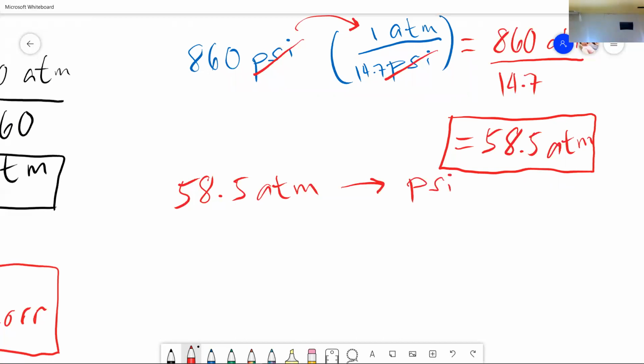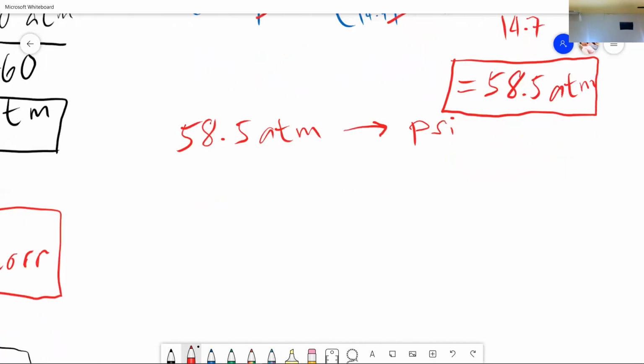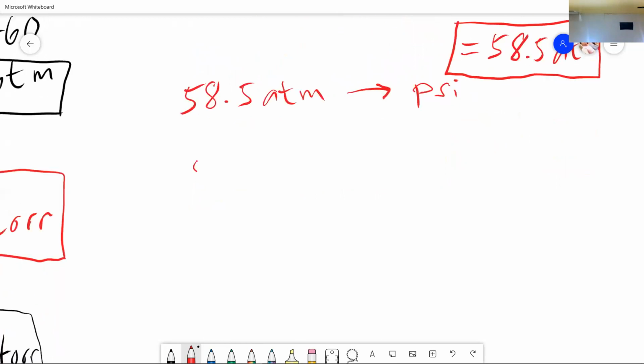Do we divide or multiply? Let's multiply. In one ATM, there is 14.7 psi.